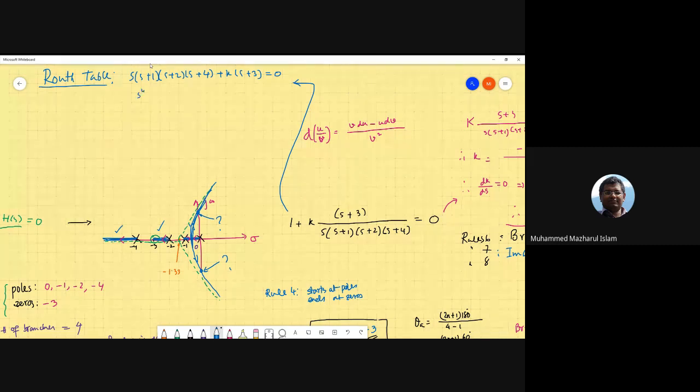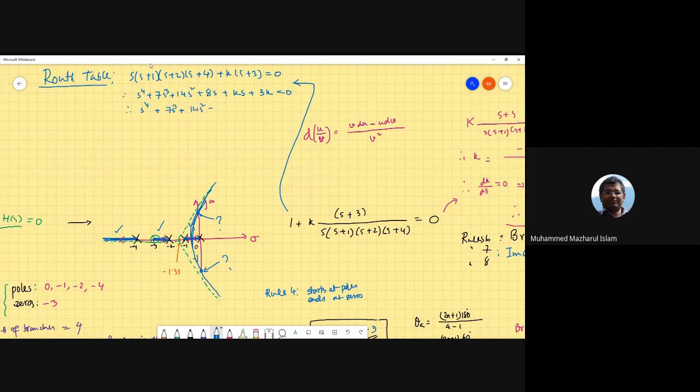We already did this: s to the power 4 plus 7s cube plus 14s square plus 8s plus k into s plus 3k equals 0. If you collect the terms, 14s square plus s into 8 plus k, plus 3k equals 0.